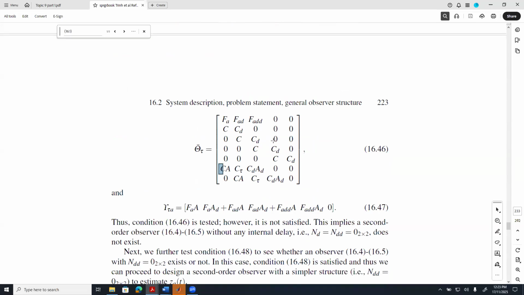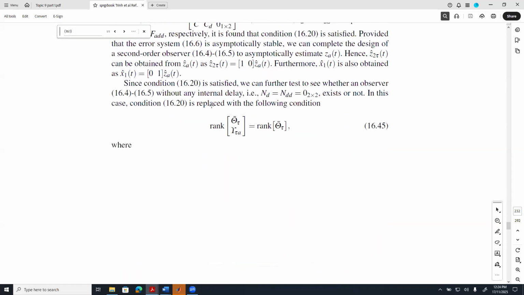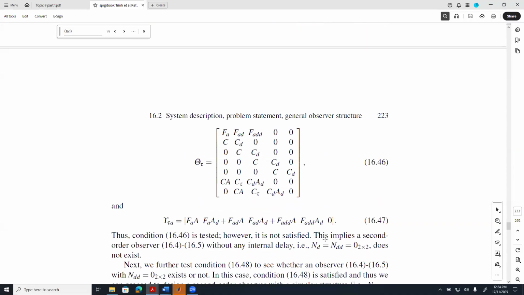When we test it for this problem, even though C is 0, the overall rank of this condition still holds. So we zoom into this one, and we see that there's a very specific structure for the matrix N that is the result of the solution of this matrix. And this is something that the reader can further look into.